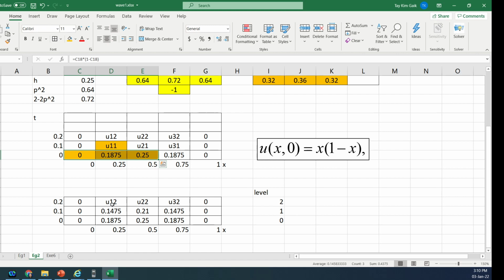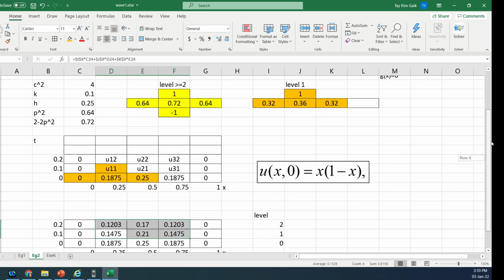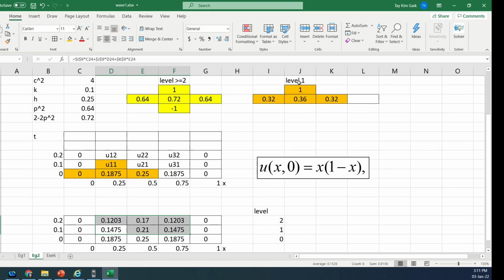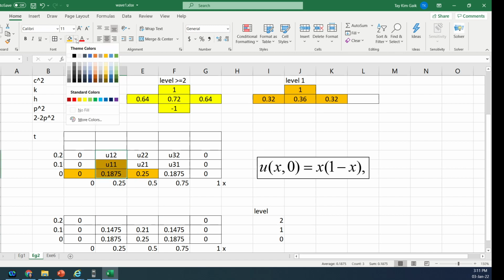So after that, to calculate U12, don't use this 2 level scheme and copy it up. If you copy it up, you can get a value, but the values are wrong, because this scheme is for level 1 only. So don't be too excited to continue copying it up. This is wrong. So for U12, make sure you apply it like this.